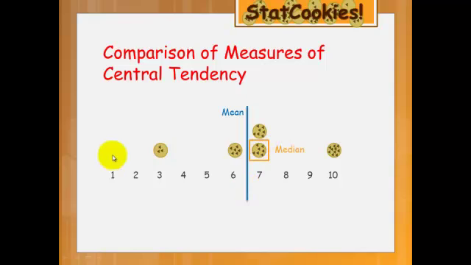Our median value, the middle value of the group, is 7 chips per chocolate chip cookie. And our mode, the largest number of cookies, is also 7, not 2. It doesn't matter how many cookies we have in the mode, just that this is the largest group of cookies.